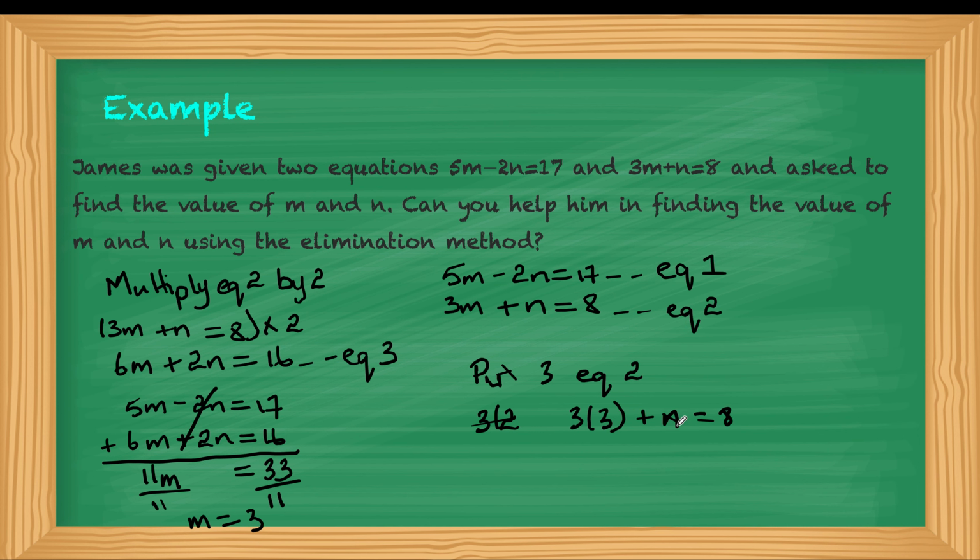It should be plus n. Alright, so now we'll be left with n is equal to 8 minus 9, which would be equal to negative 1. So we have the value for n, and we also have the value for m.